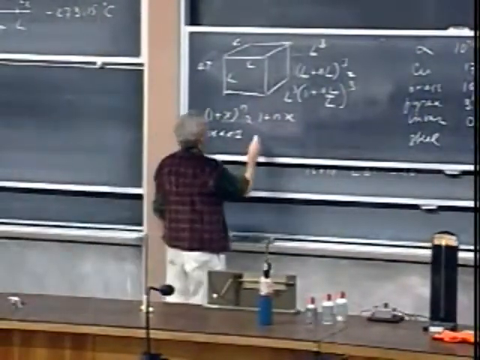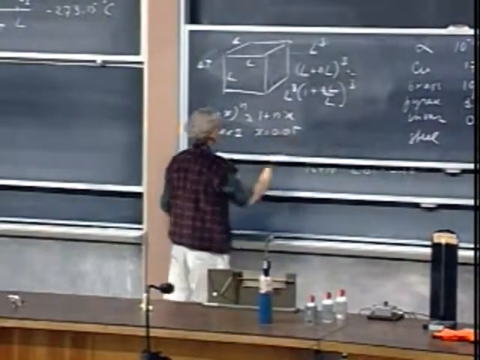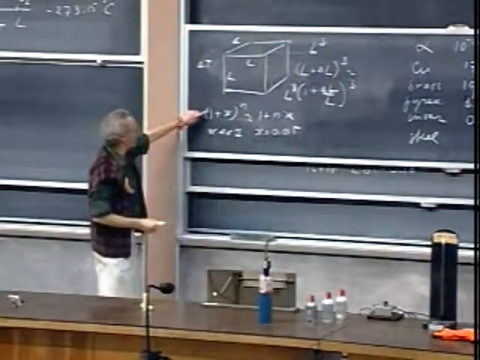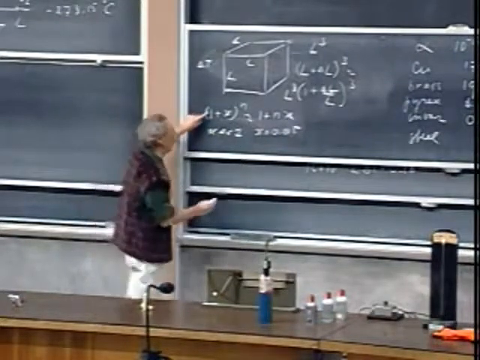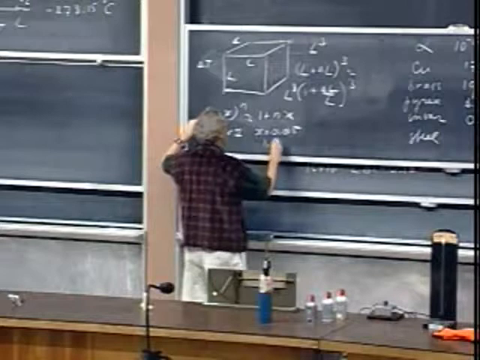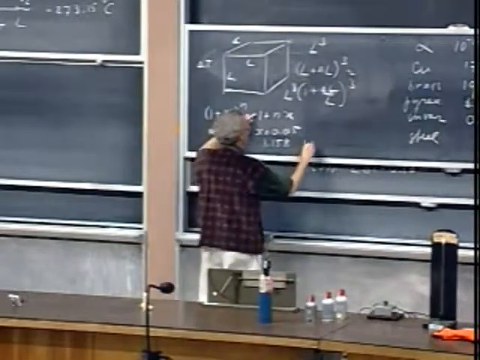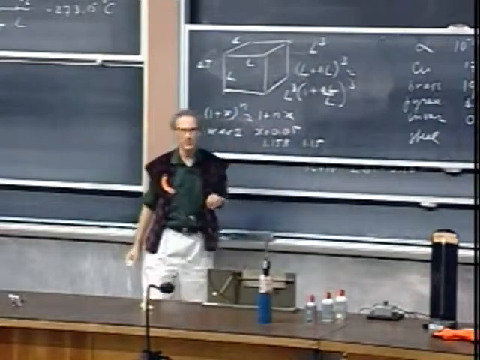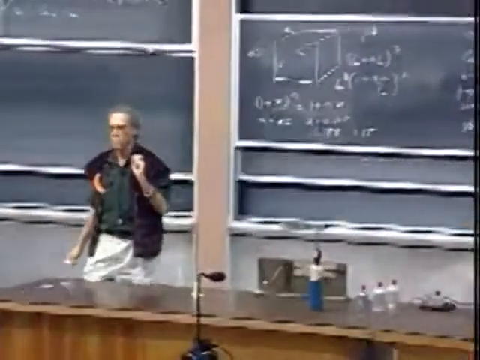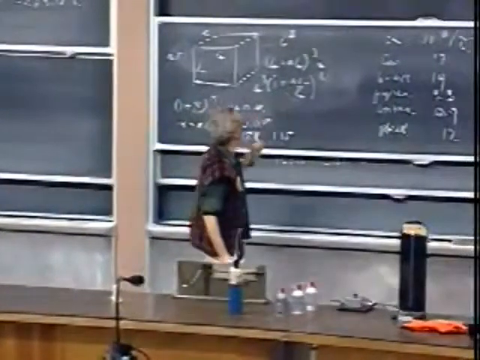If you, as an example, take x equals 0.05, and you calculate the exact value with your calculator, you would find 1.158. If you do it this way, you will find 1.15, which is very close. The approximation is better than 1%. So I will use the same approximation here.